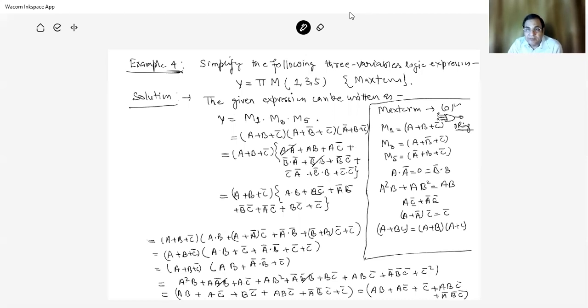M1 is A, B, C, so this is 0, 0, 1. 0, 0, 1 is M1. Here it is 1, 0, 0, which is M3. And here this is 0, 1, 1. This is A is 0, B bar and C bar, so it is 1, 1. Here M5 means this one is 0.